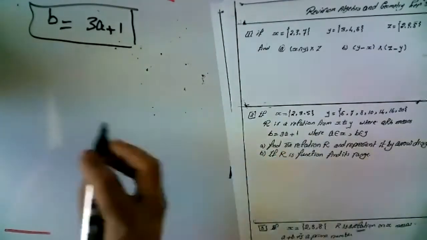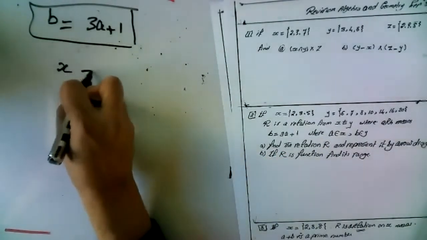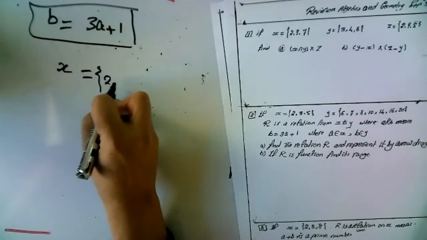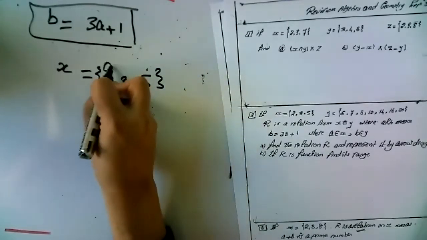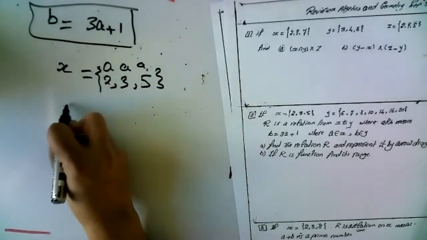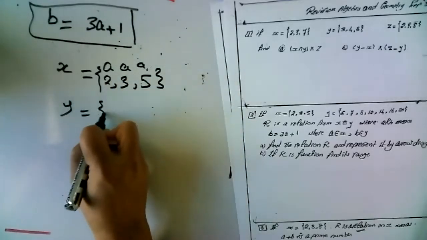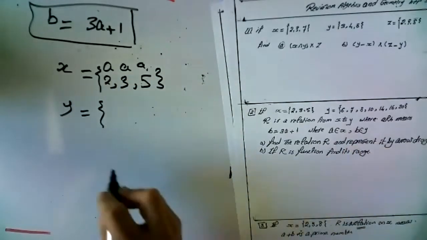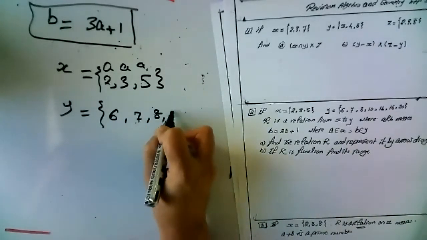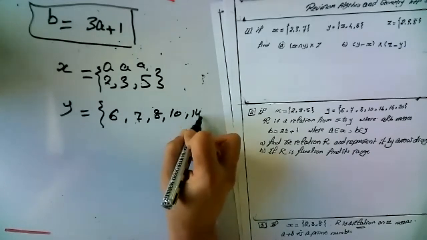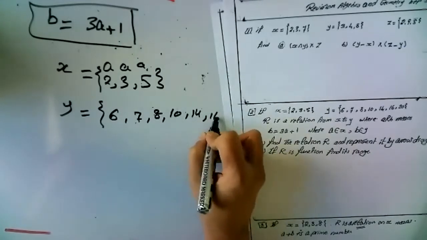Let the elements of the set x be a and the elements of the set y be b: 6, 7, 8, 10, 14, 16, and 20.